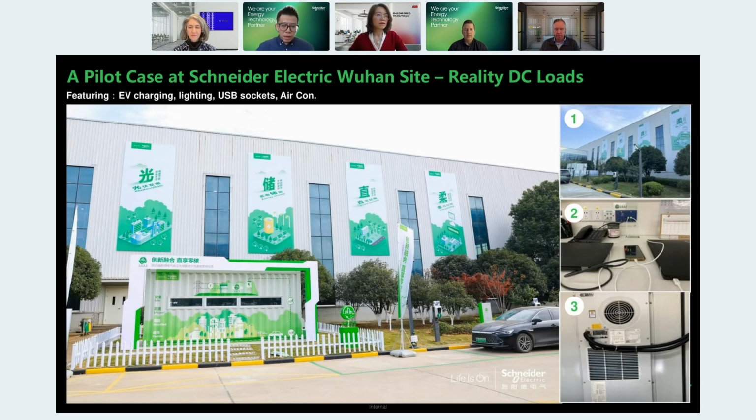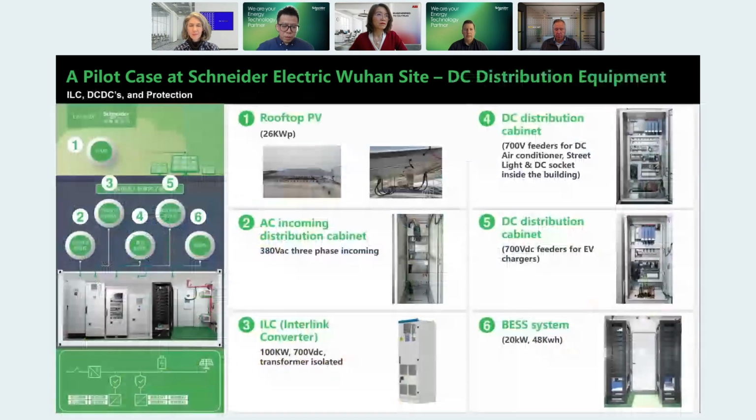On the next page here, I summarize the main DC distribution unit for you. To have a quick look, we put all these converters and protection units within an outdoor container.